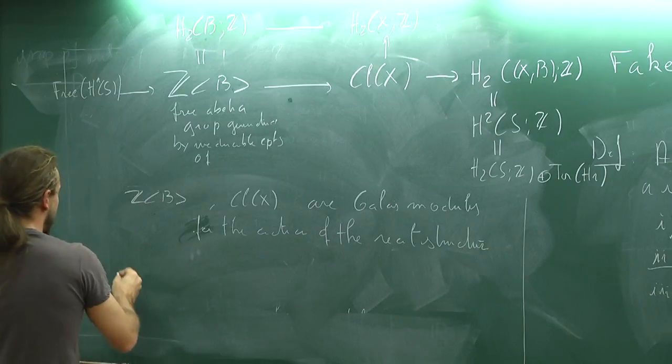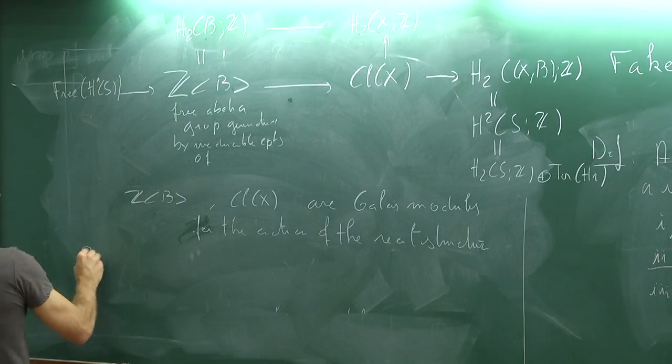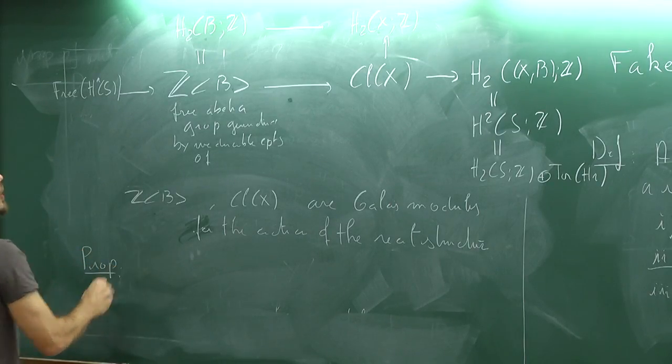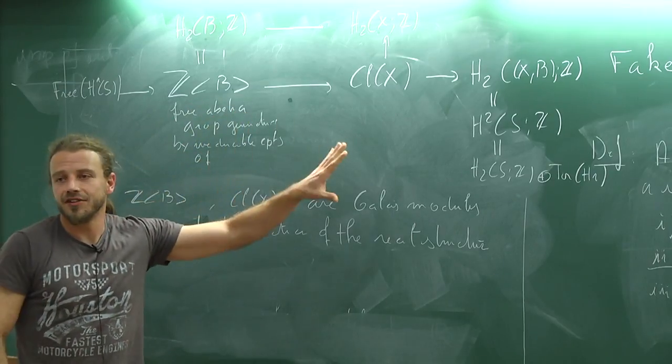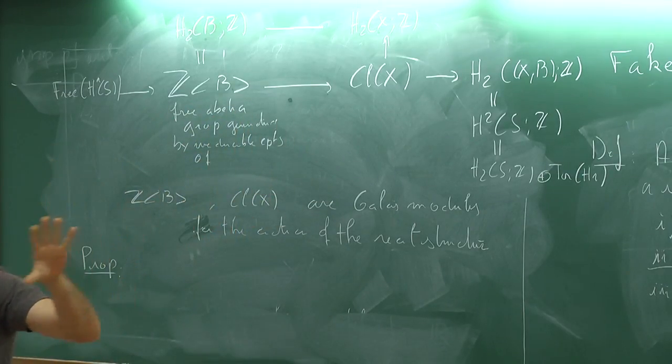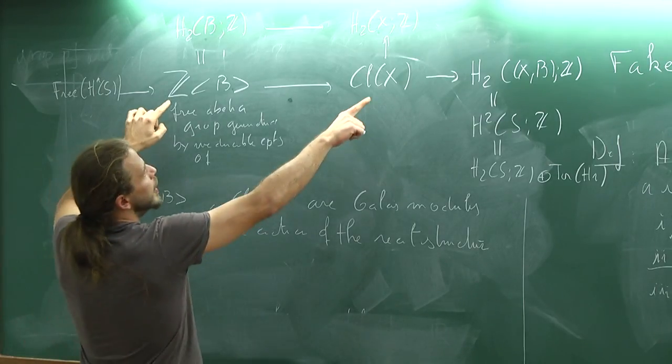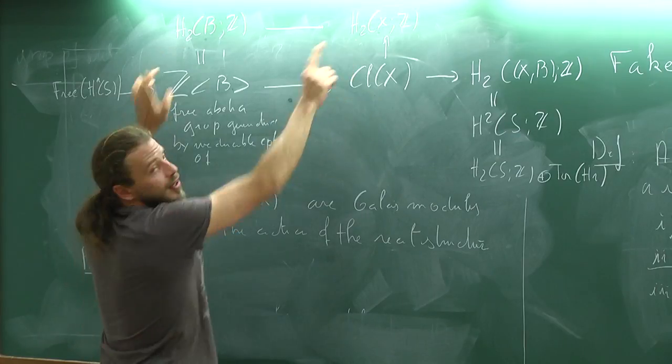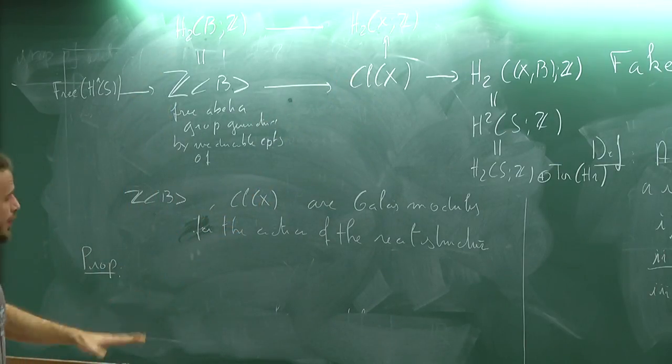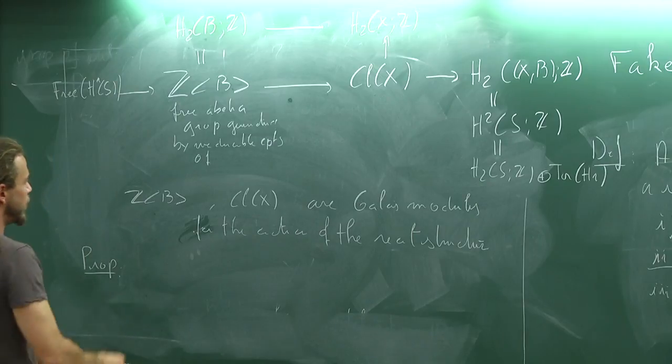And then the statement, the proposition. This part is classical knowledge from the theory of affine Q-acyclic surfaces. It's just reformulated in terms of these groups instead of these ones, just for ease of translation at this level.